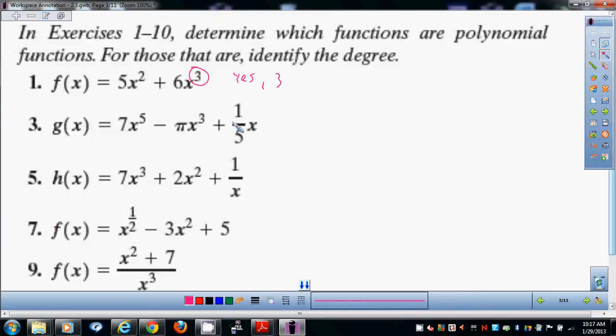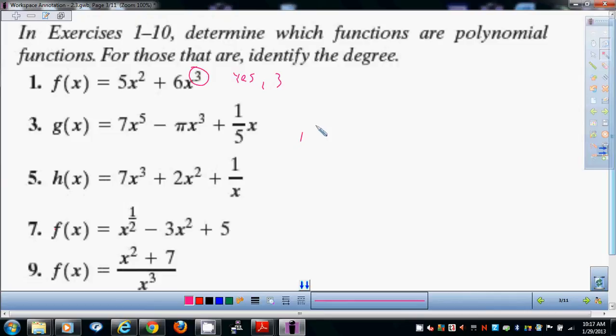The 1/5 x doesn't give us any problem because the x itself is not in the denominator. That's the same as x over 5, which is perfectly fine. Number 3, back of the book, yay or nay? Thank you, Sam.